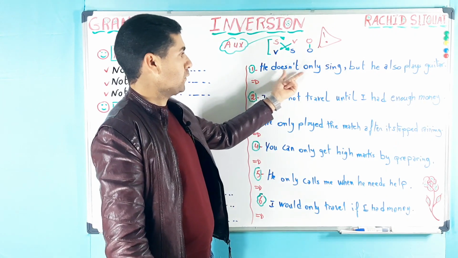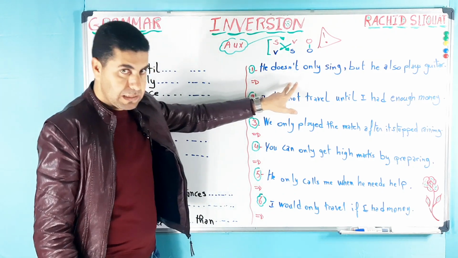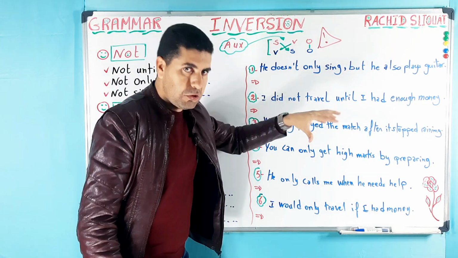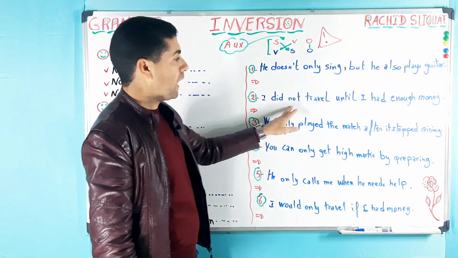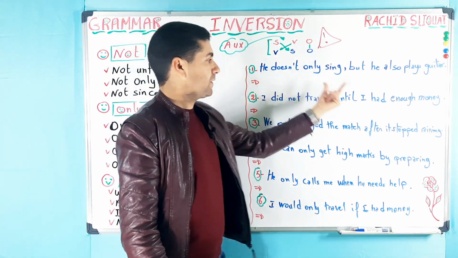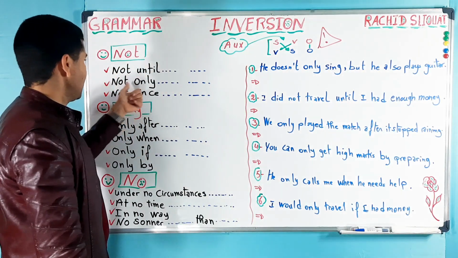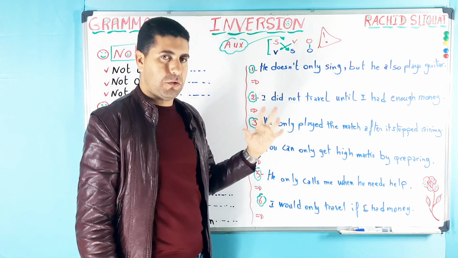So here we have not only, which is not in the beginning but in the middle of the sentence. Another example: I did not travel until I had enough money. Here we have not until, but again in the middle of the sentence.